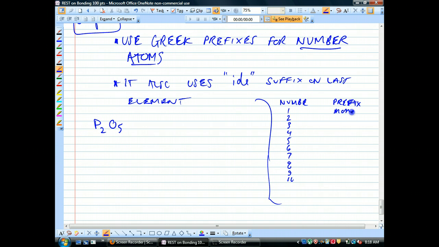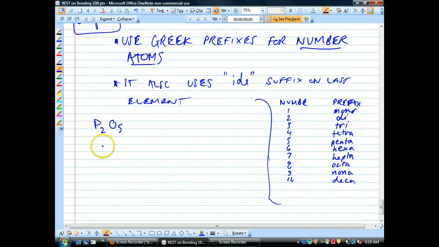It's mono, di, tri, tetra for 4, 5 is penta, as in pentagon, 6 is hexa, as in hexagon, 7 is hepta, 8 is octa, 9 is nona, and 10 is deca.